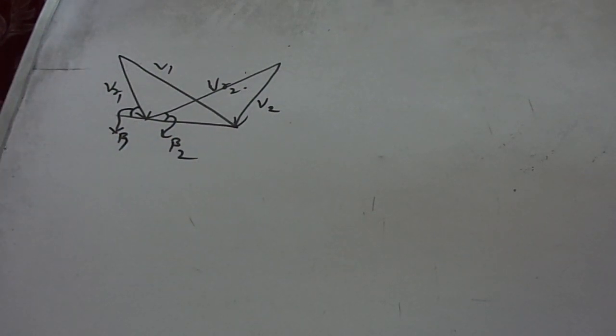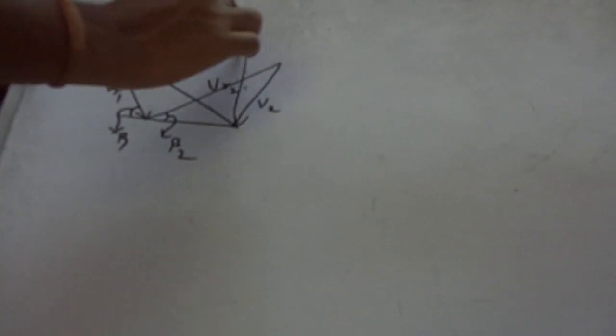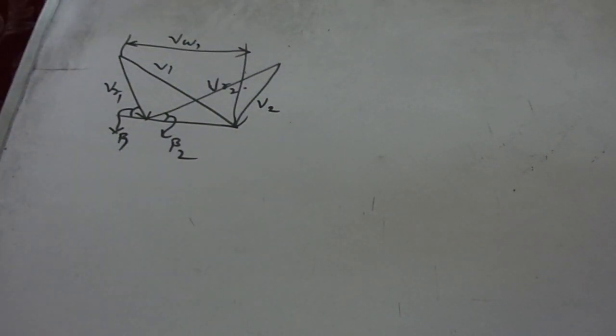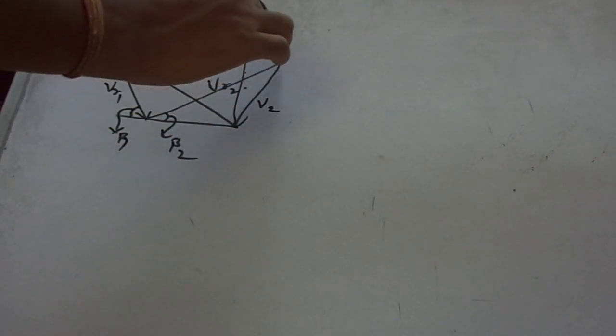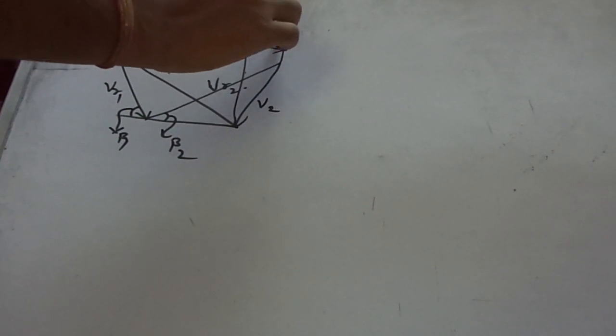That is the whirl velocity Vw1. If you draw the perpendicular from V2, this is the whirl velocity at exit, Vw2.